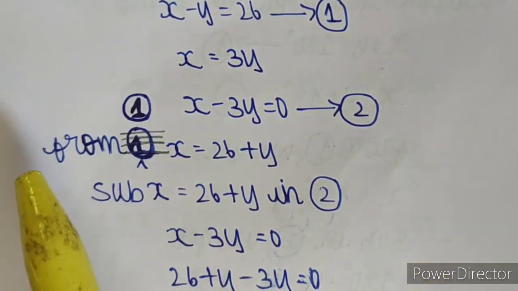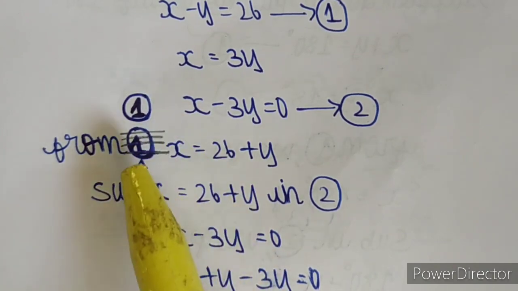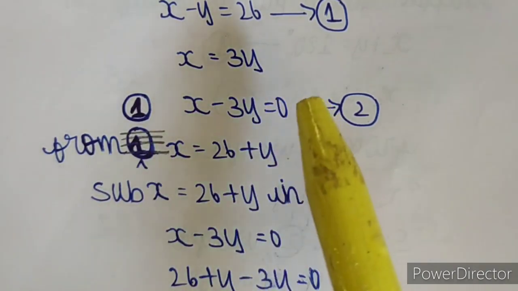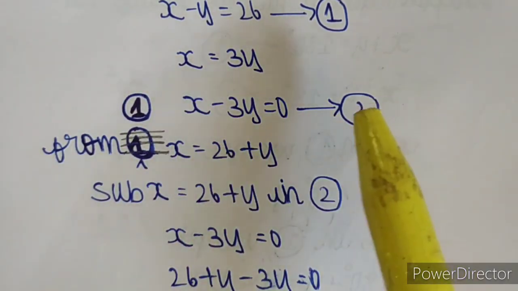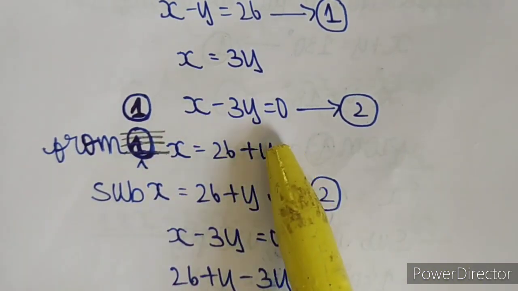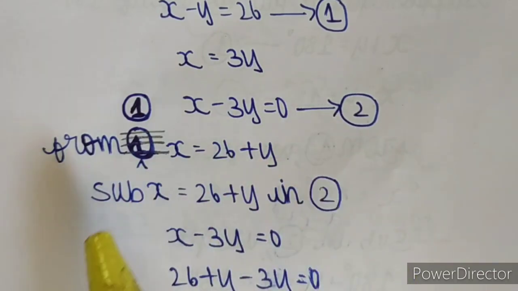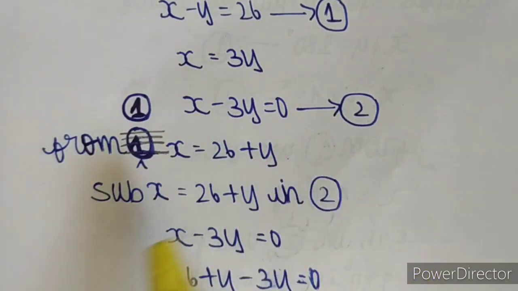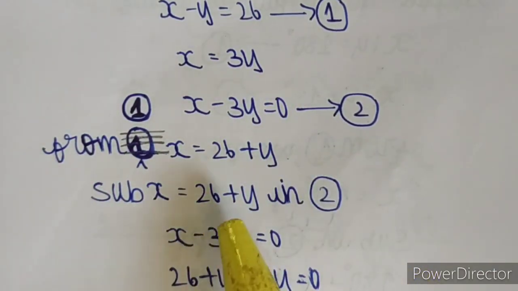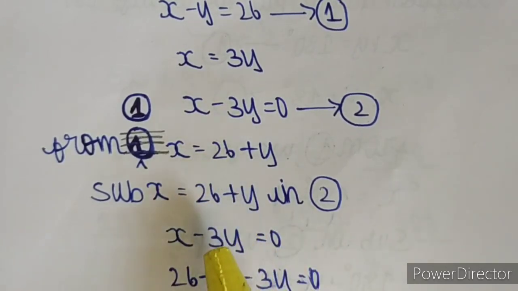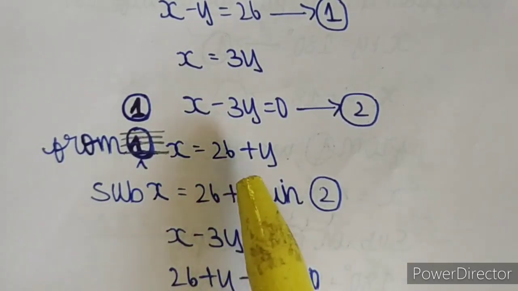So now from the first equation we are getting this x value. The first equation was x minus y is equal to 26. So bringing this minus y to the other side, x is equal to 26 plus y. So substitute x is equal to 26 plus y in equation 2. The second equation was x minus 3y is equal to 0. In the place of x, we are now going to substitute 26 plus y.